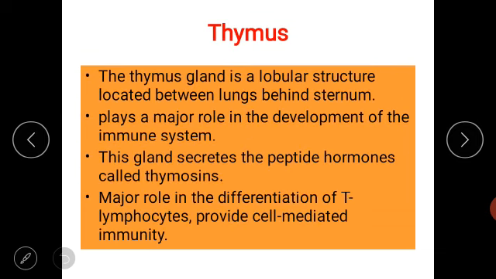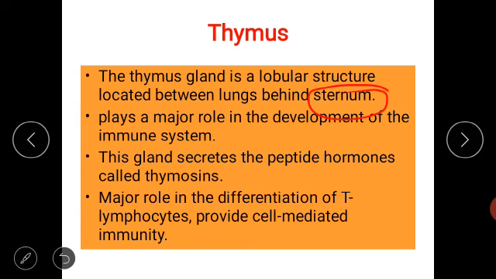Now the next gland that we are going to study is the thymus. The thymus gland is a lobular structure located between the lungs behind the sternum bone. The sternum bone is the middle chest bone, and just behind it is the location of the thymus gland. The thymus gland plays a major role in the development of the immune system.